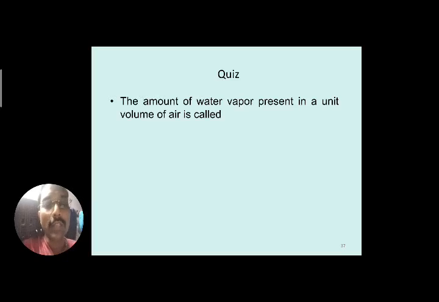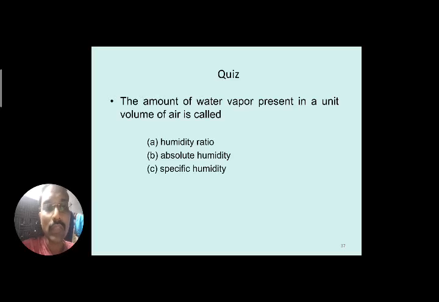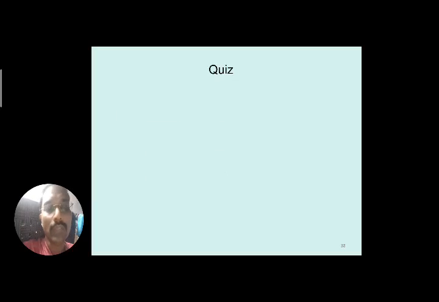The next question: the amount of water vapor present in a unit volume of air, in grams per meter cube. You can easily answer what it is. The answer is specific humidity, that is, the grams of water vapor per unit volume of air.